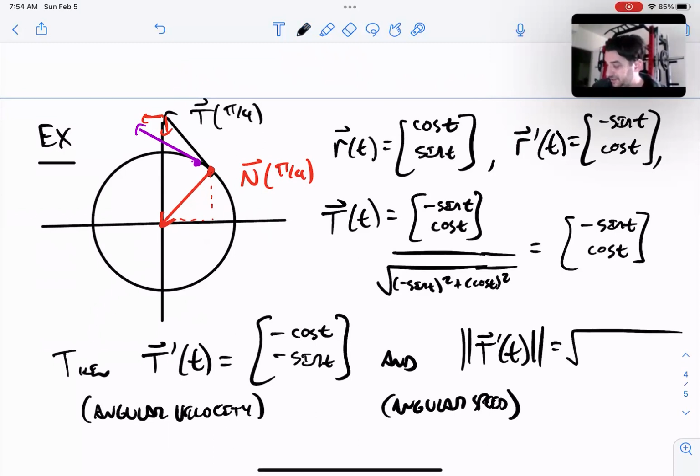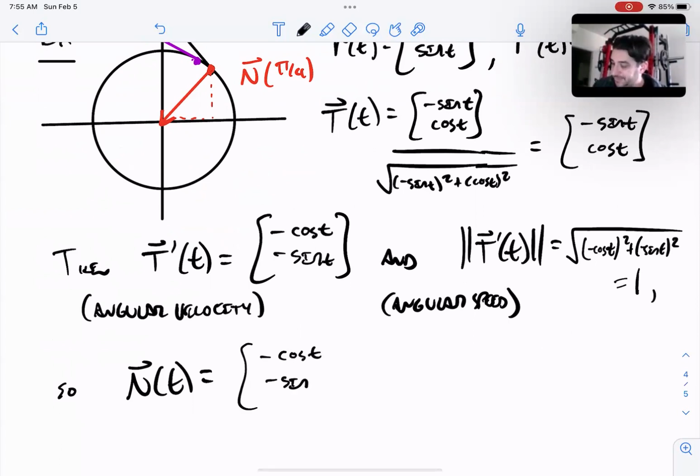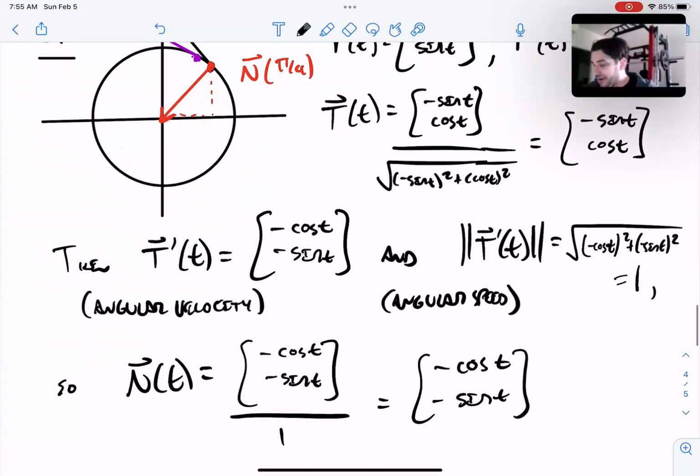Well, this again is 1, because this is again going to be cosine squared plus sine squared, which is 1. So what is the normal vector? The normal vector here is T prime over magnitude T prime. So negative cosine t, negative sine t. That's our normal vector.